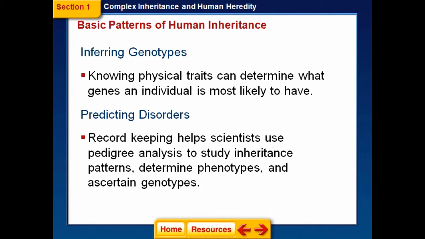So you can infer a genotype, or at least get it down to a few possibilities, by knowing what the physical characteristics are. And you can predict disorders by using record keeping, because this helps scientists analyze inheritance using pedigrees and looking at the patterns, determining the phenotypes, and figuring out what the genotypes must be.